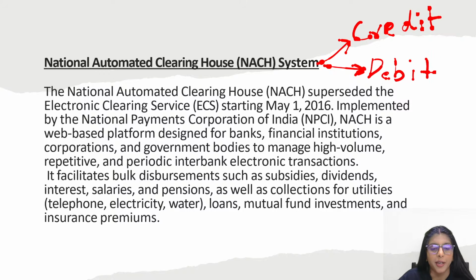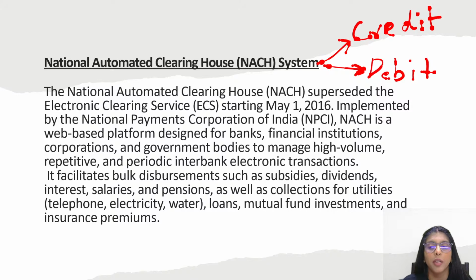What is NACH credit? NACH credit is when one institution pays money to many beneficiaries, like salary credit or pension payment, subsidy transfer. Basically, one account to many accounts. NACH debit is used when one institution collects money from many customers.